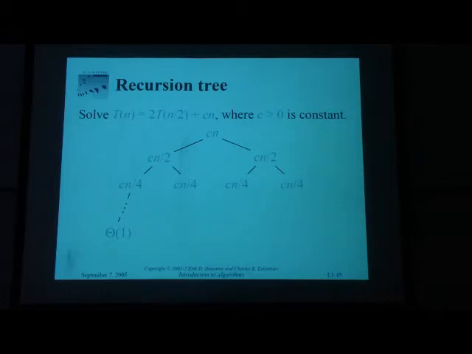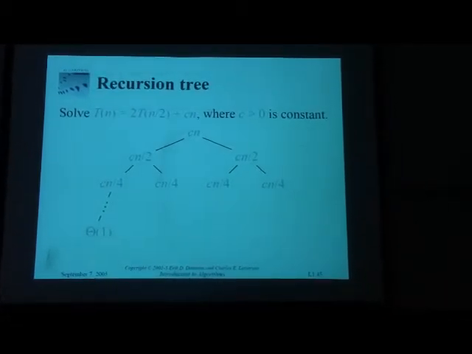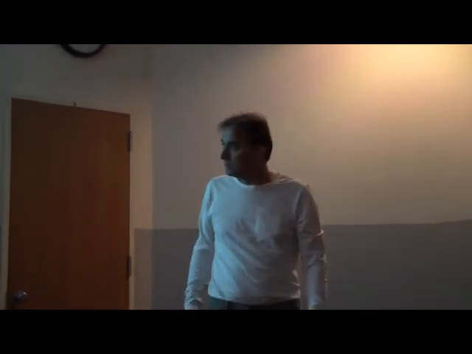So when you take 16, 4 divisions give you unity. That means a problem of size 1. If you have 32 to start with, you get 16, 8, 4, 2, 1. Now you're at 5. So the height of this recurrence tree cannot be any higher than approximately, proportionally, log base 2 of n. Does that make sense?